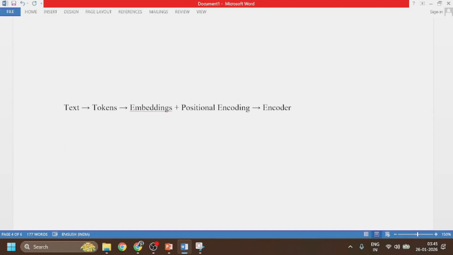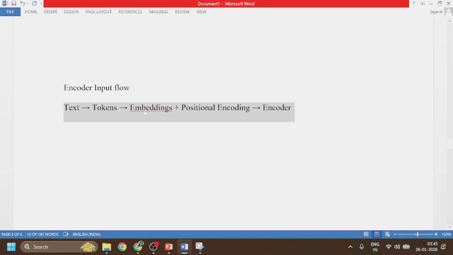I already showed you the architecture and pipeline of the transformer. You can see here the encoder input flow: text, tokens, embedding, positional encoding, and encoder. Before entering the encoder, text is tokenized. I already showed you how we can tokenize a sentence.